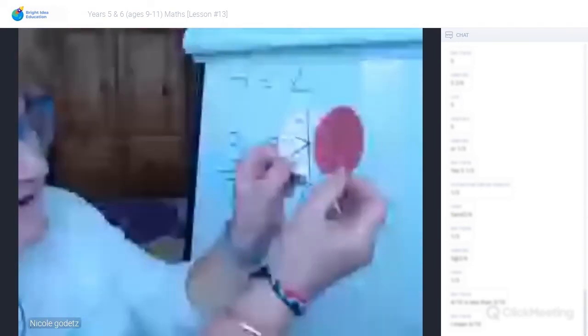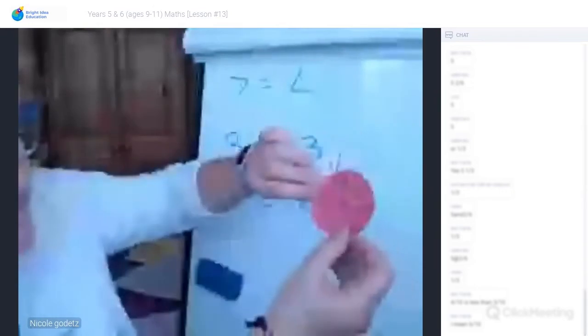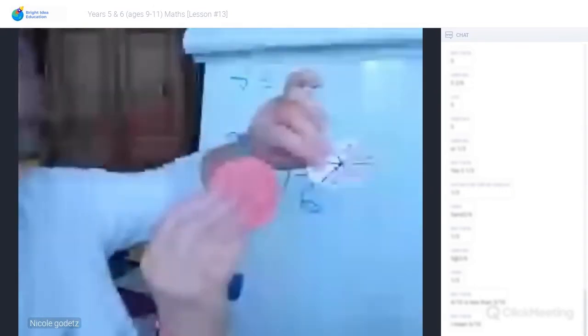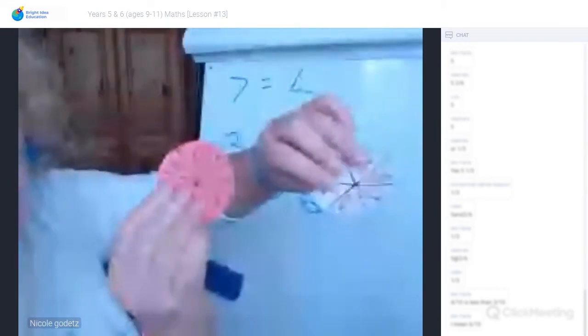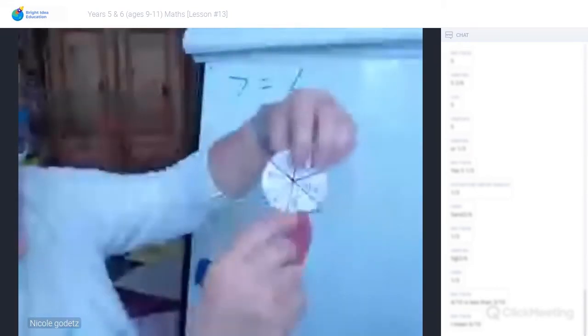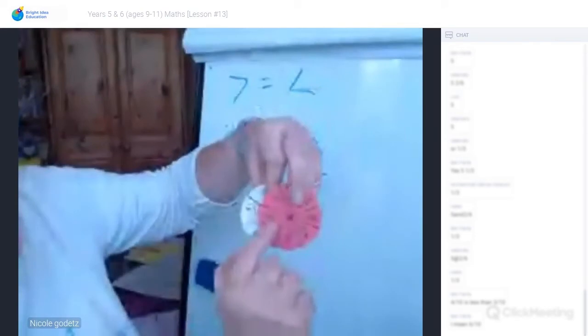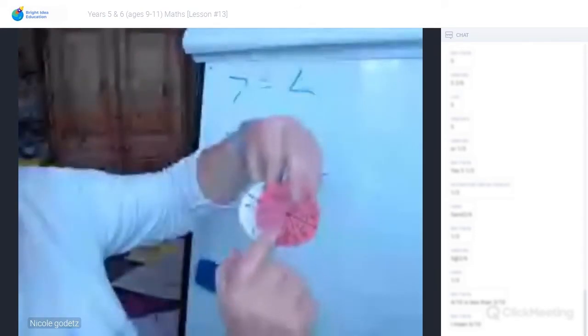So if I have 3/6, that's half the pie. If I have 3/8, it's not half the pie. 3/6, half the pie. 3/8, not half the pie. 4/8, half the pie, but not 3/8.